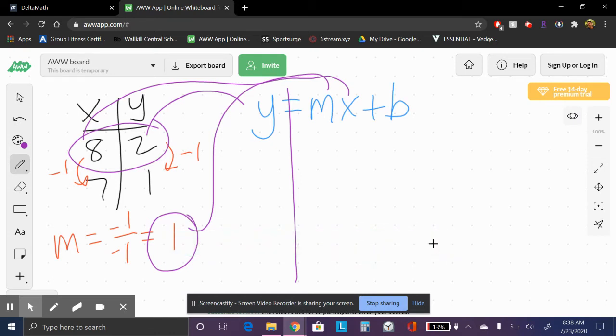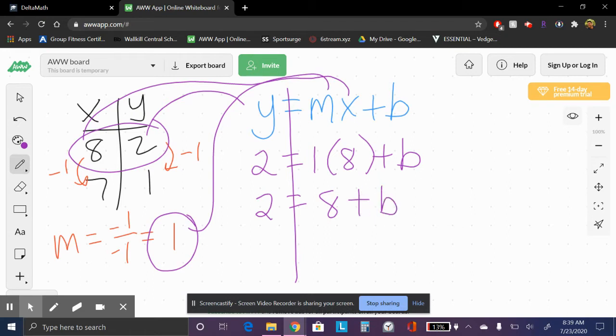So we have 2 equals 1 times 8 plus b. So you have 2 equals 1 times 8, which is 8, minus 8 from both sides, and we get negative 6 is b.